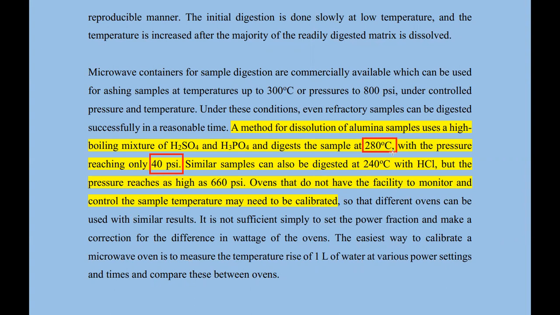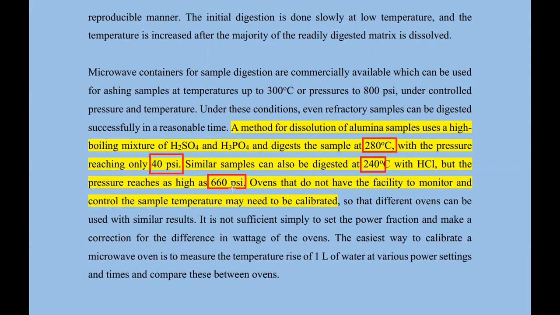The same sample can digest at a temperature lower by 40 degrees when you use nitric acid, except that the pressure is likely to be higher than when the acids being used are phosphoric acid and sulfuric acid.